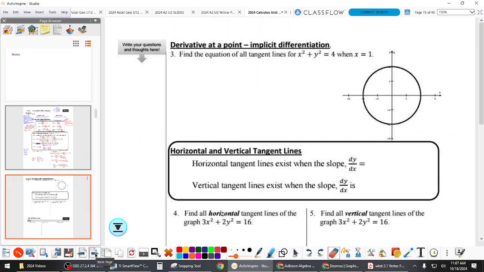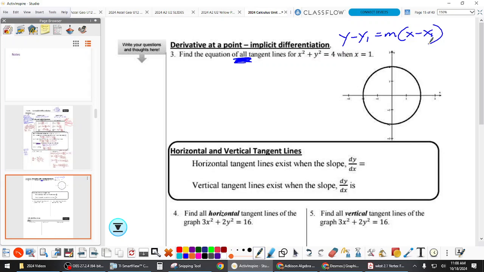All right, so this is kind of what I was mentioning a second ago. Find the equation of all tangent lines. So, of course, we're going to use the point-slope form. And we need that slope. So, what are we talking about when we need slope in this case?